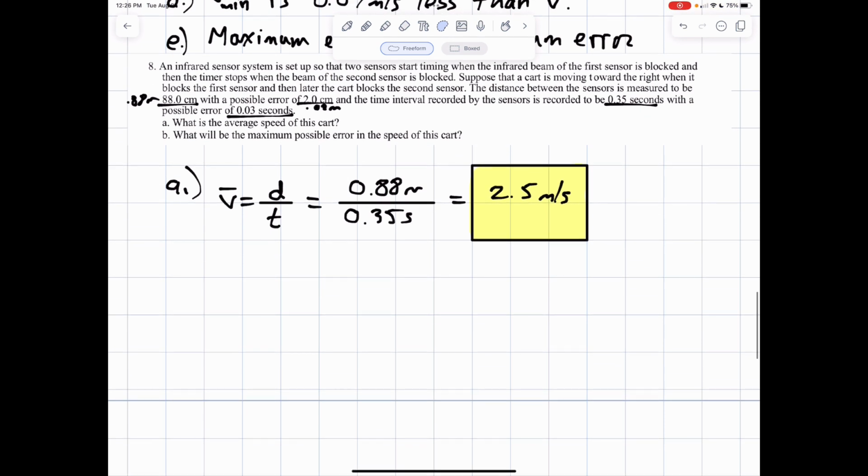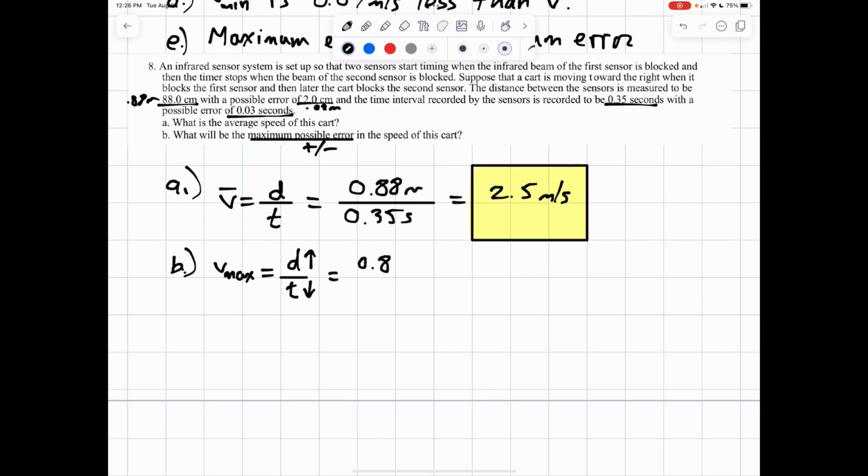Now, in part B, we're trying to get the maximum possible error. That means we're getting the plus or minus value attached to this speed. So the way we figure that is, let's figure out what the maximum is and the minimum is, and we'll see what that's going to look like. So V max would be distance over time, but remember, it's going to be the largest possible distance and the lowest possible time.